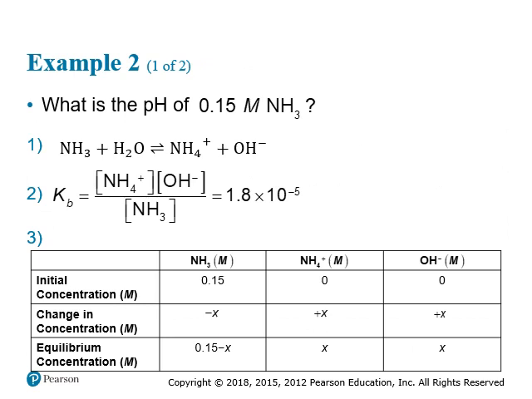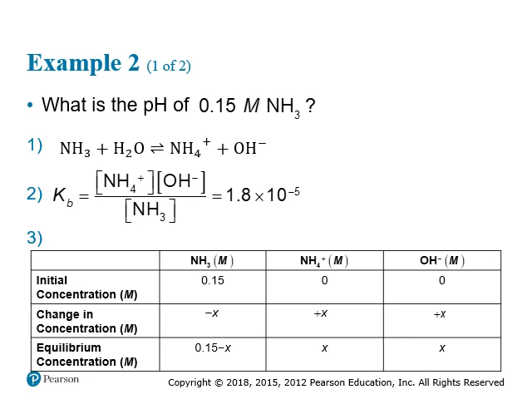So here we have another problem. How do we determine the pH of a basic solution, specifically the solution of a weak base? What is the pH of a solution that is 0.15 molar ammonia? Well, the equation is going to suggest the formation of the ammonium cation and the hydroxide anion.